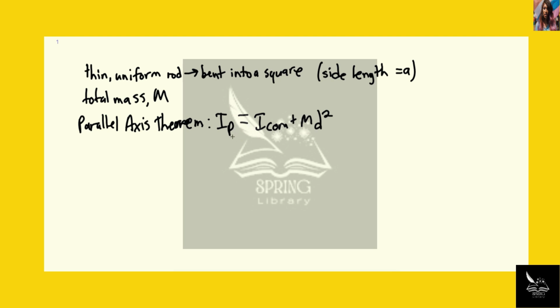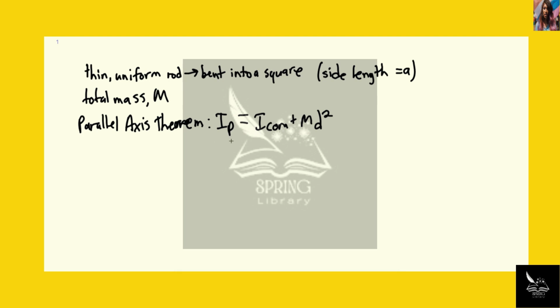So essentially, this is going to be helpful in the sense that we can choose whatever axis we'd like, and then we simply need to know the moment of inertia about an axis through the center of mass.